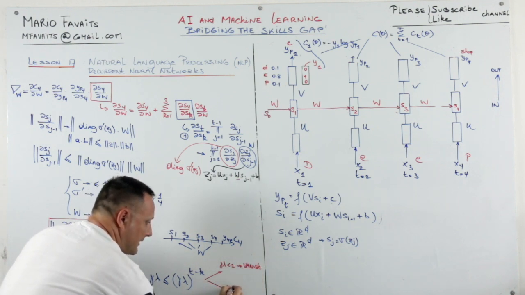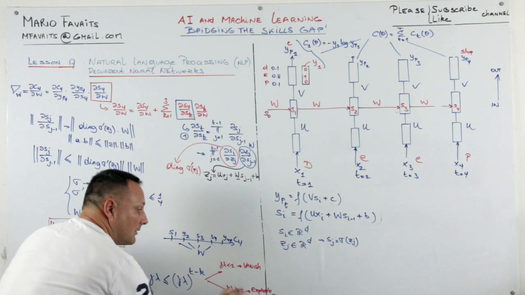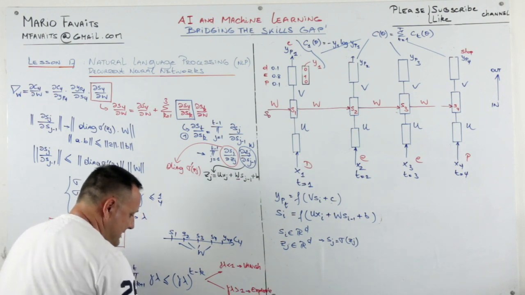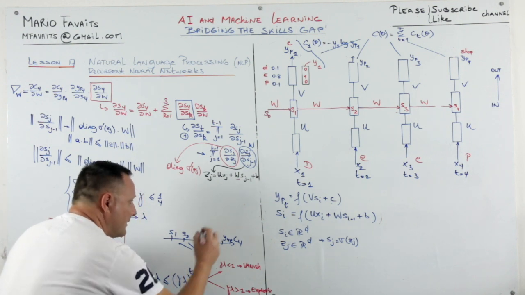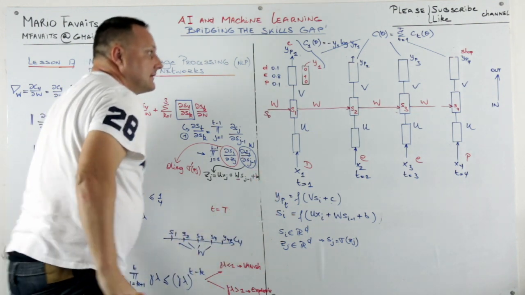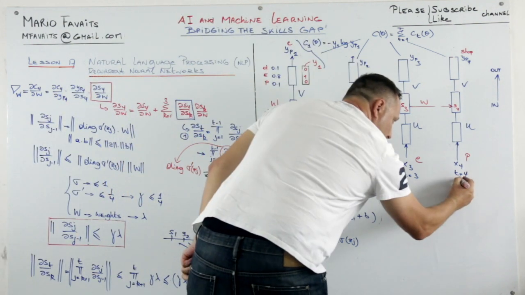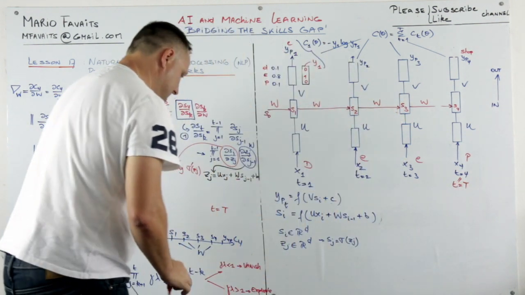And if gamma lambda is larger than 1, your gradient can explode. Basically, the worst condition is when t is equal to large T. In this case, t is 4, meaning t equals large T.